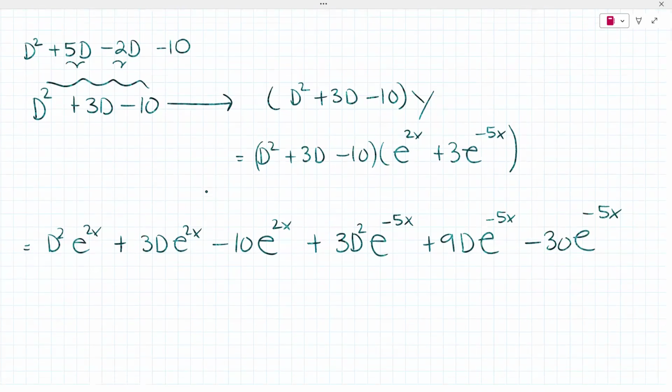Okay, so what we have is this d squared, it represents second derivative. This 3d represents first derivative. This d squared represents second derivative.